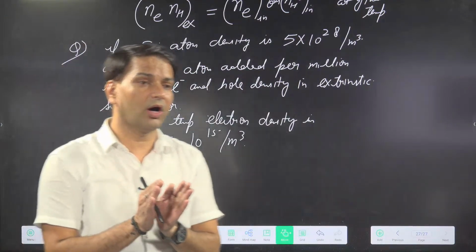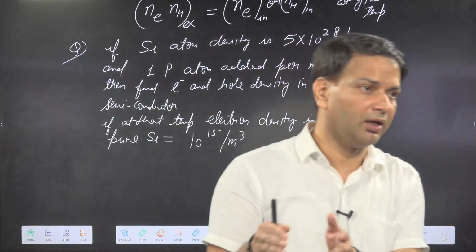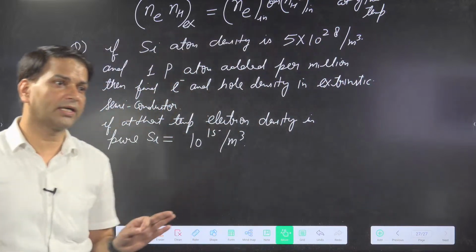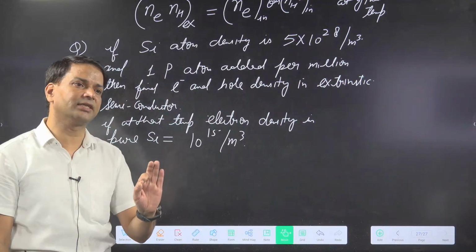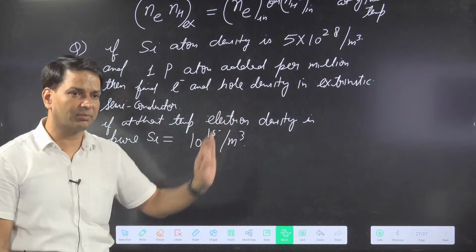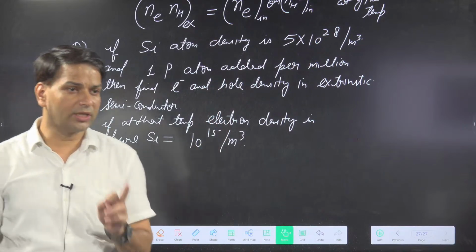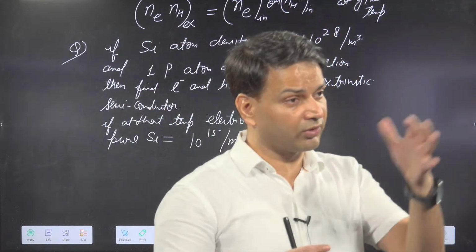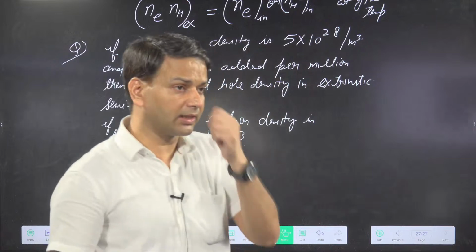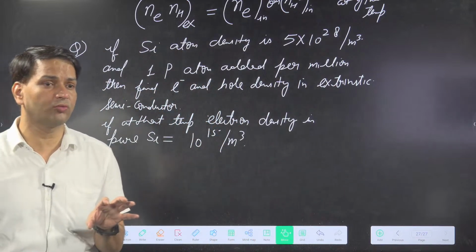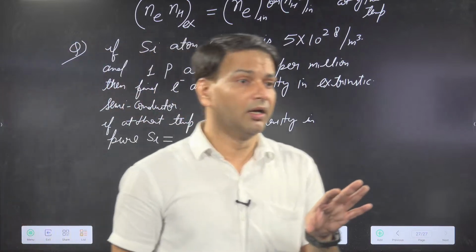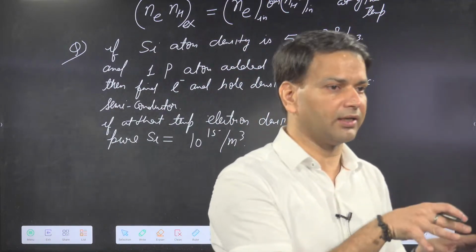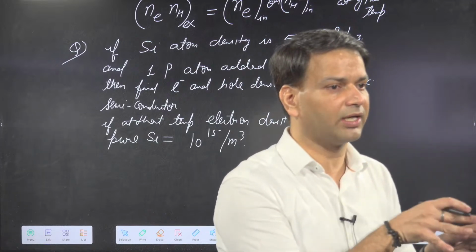Directly, however many trivalent or pentavalent atoms you have added. Suppose you add trivalent atoms; they will create a p-type semiconductor. In that case, the hole density you will take is the number density of the trivalent atoms added.